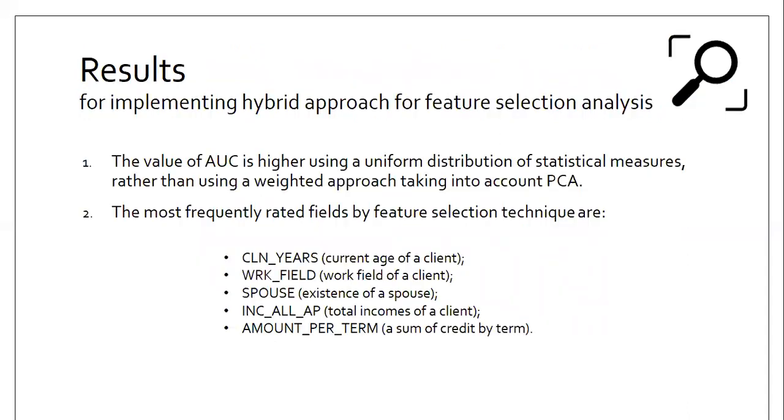So let's present some results for implementing the hybrid approach for feature selection analysis. The value of AUC is higher with a uniform distribution of statistical measures rather than using a weighted approach taking into account principal component analysis. And now you can also see the most frequently rated fields by feature selection technique.